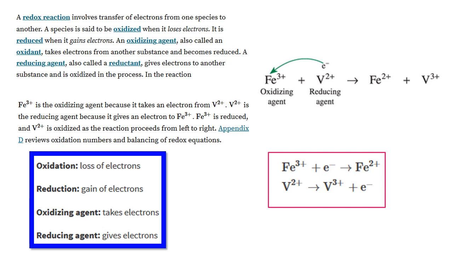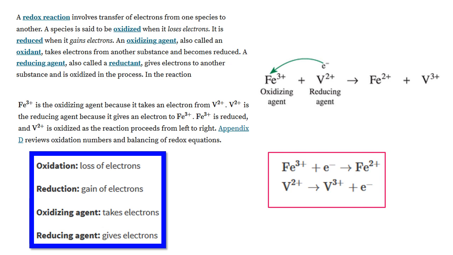Now, oxidation reduction reactions, or simply redox reactions, involve transfer of electrons from one species to another. The species is said to be oxidized when it loses electrons. It is reduced when it gains electrons.